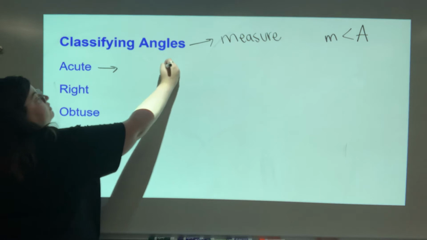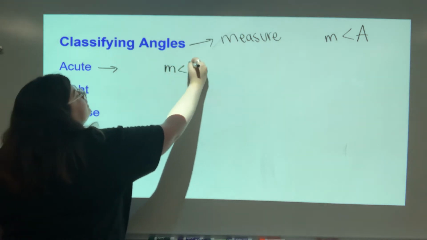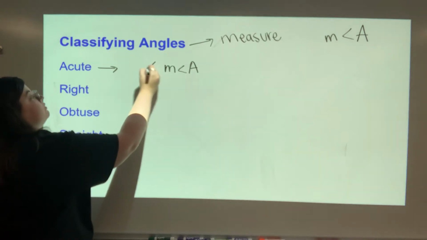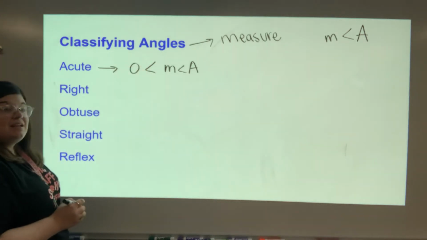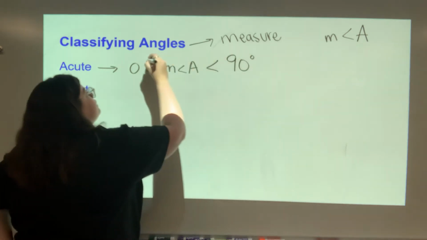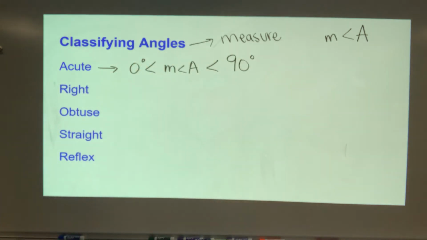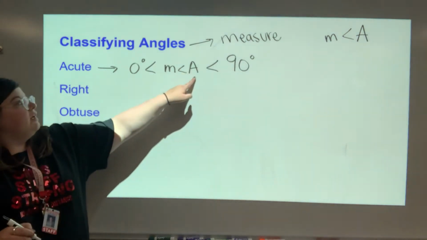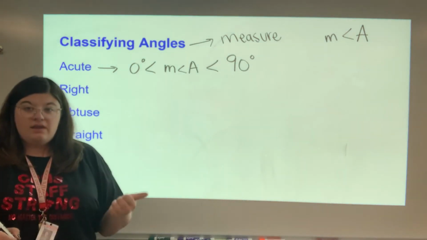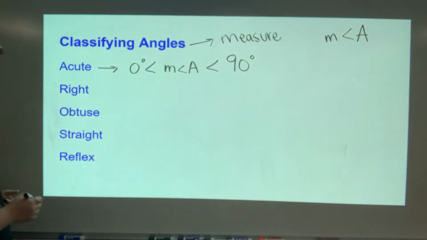If the measure of angle A is greater than 0 but less than 90, and I'll add little degree signs on there, then we can call that an acute angle, all right? Maybe these are sounding familiar.